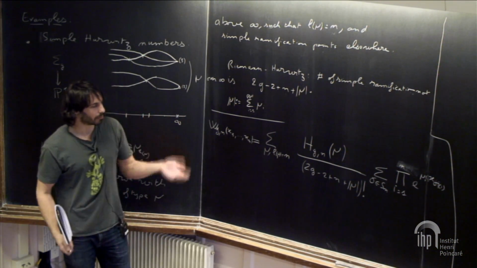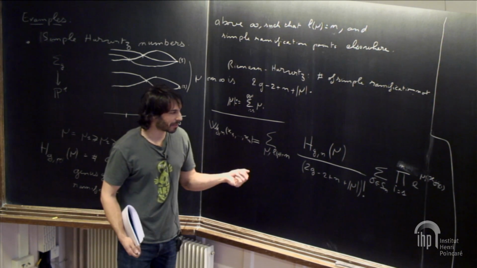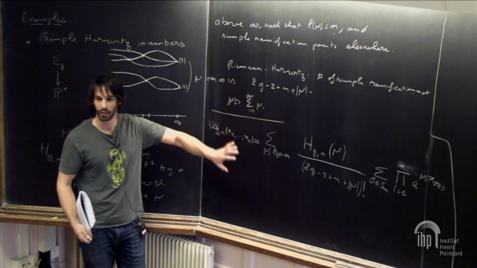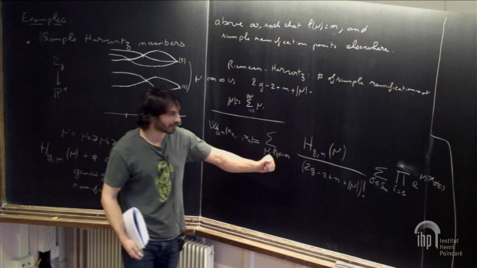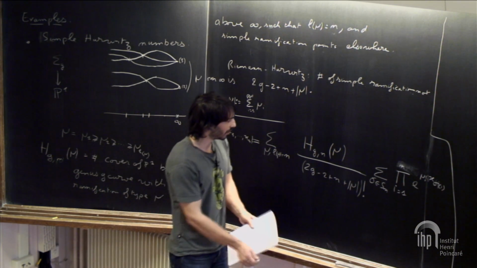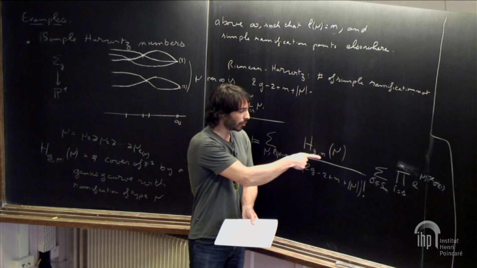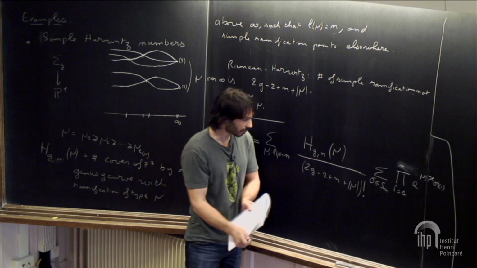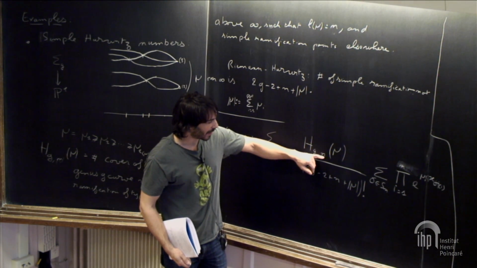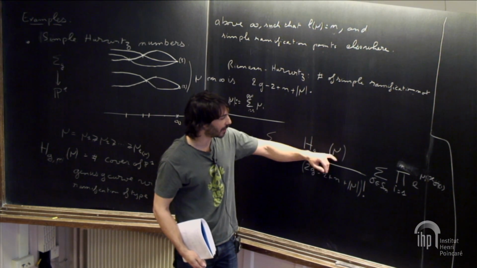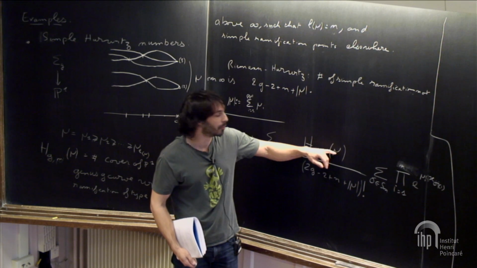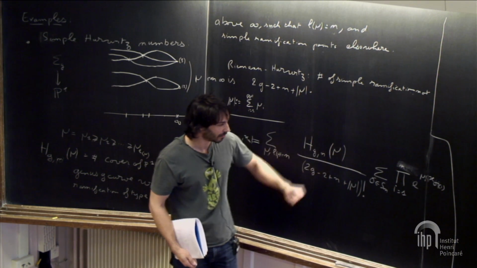So since I spent quite a lot of time studying maps, you can see exactly the counterpart of this in the map case. In the map case, I was enumerating maps of genus g with n marked faces, where each marked face had a given degree, which corresponds to the mu1 to mu n here.